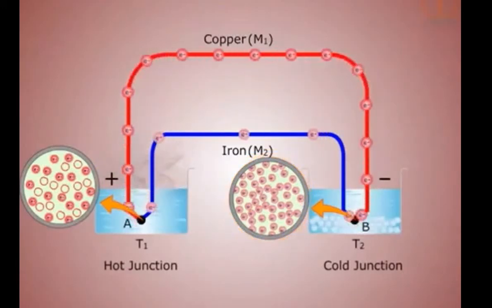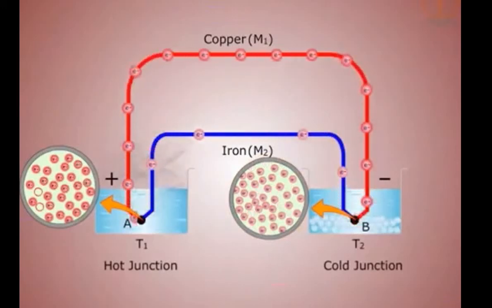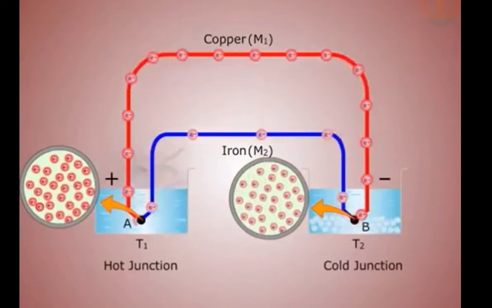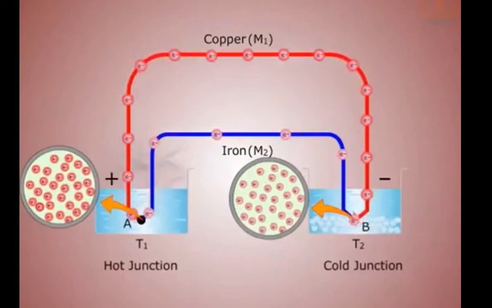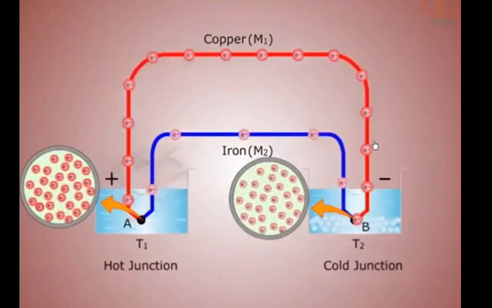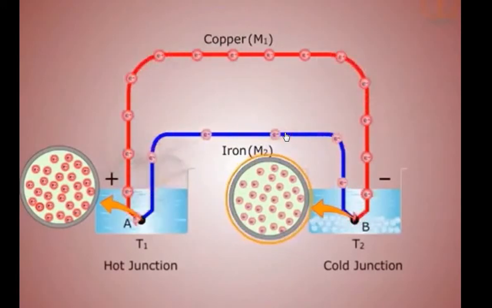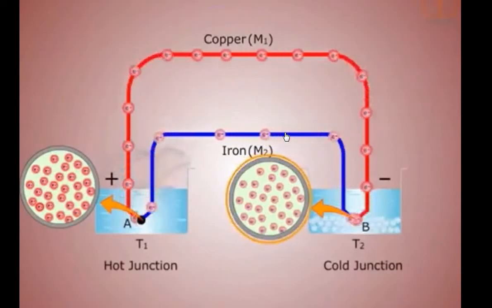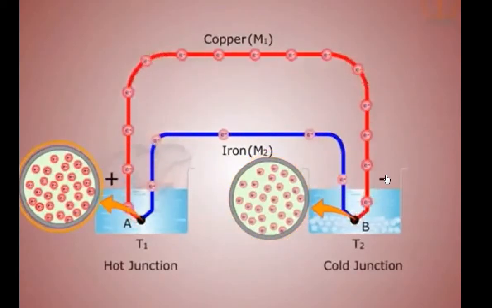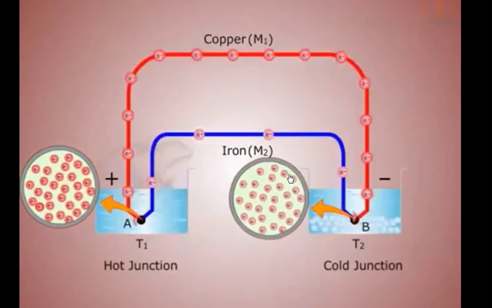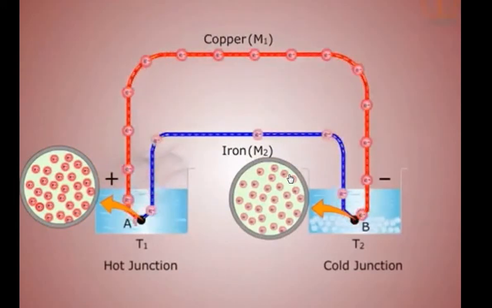Since junction A is positively charged, it attracts the electrons at junction B towards it. Therefore there is a return flow of electrons from junction B to junction A through the iron metal. The electrons at the cold junction are less energized than the electrons at the hot junction, hence they move slowly.